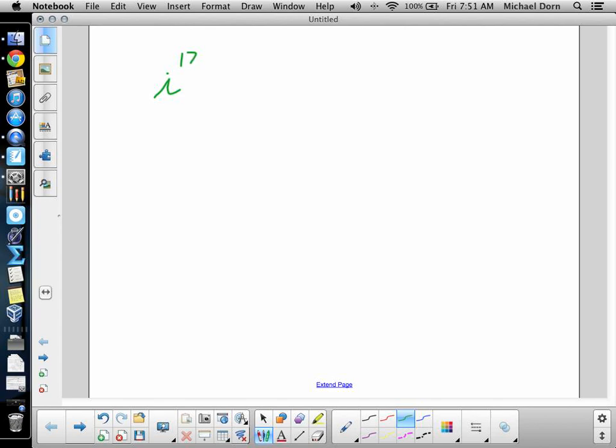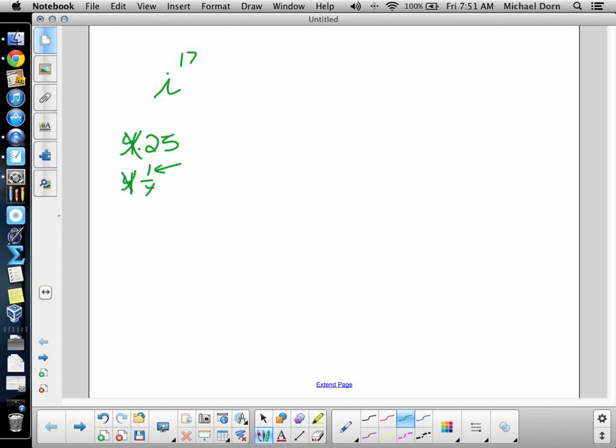Remember the trick to this is take 17 divided by 4. Now, if you don't like the long division way, fine, do it in your calculator. 17 divided by 4 is 4.25. So we ignore the 4 and we take the 0.25. 0.25 means we have a remainder of what? 4 1/4, right?